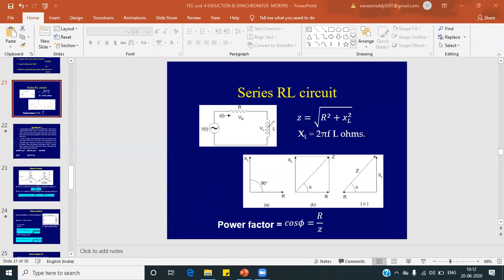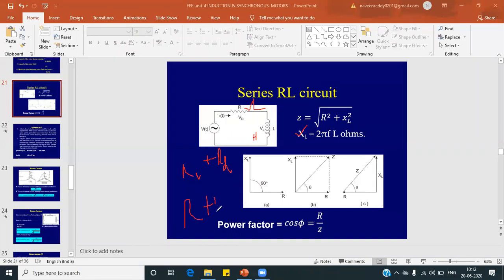L means inductance, which has units of henries, and R means resistance, which has units of ohms. If two elements are connected in series, we generally add them. If two resistors are connected in series, we add them, R1 plus R2. Here the two elements are a resistor and an inductor, but shall we add R plus L?